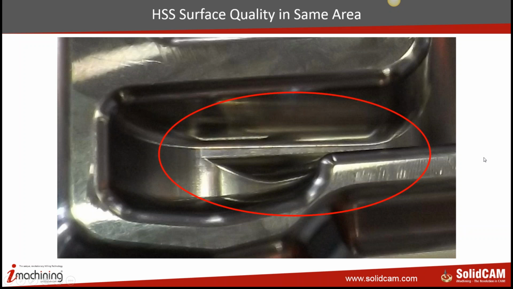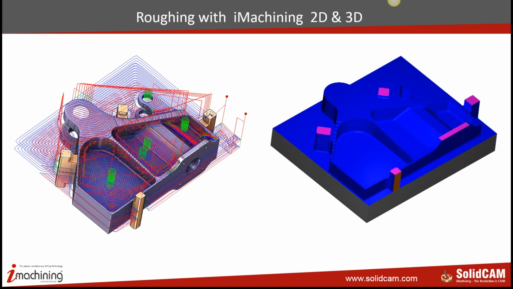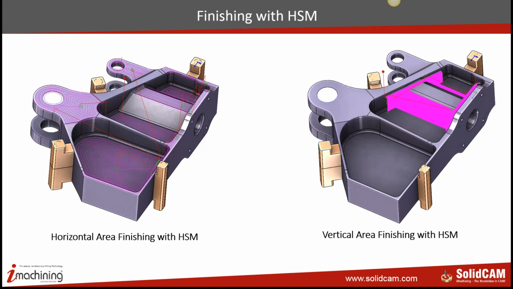Another example that I would like to give you is one of the parts, again, of one of my customers, which was completely finished using 3 different methods. First of all, the roughing was done using iMachining 2D and iMachining 3D, right? And then we finished the floor, the horizontal areas of the part, using HSM, and some vertical portions using HSM.